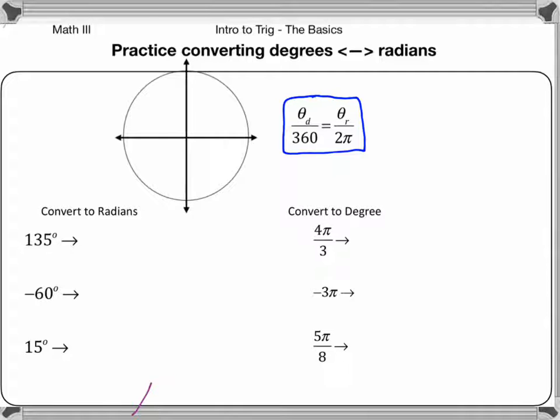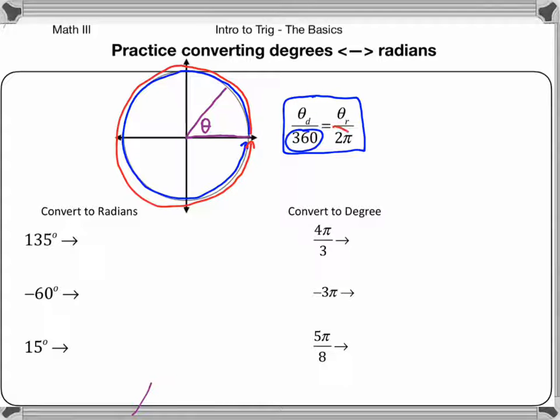Say you have some angle, and I'm just going to say some angle right here, theta. So we're looking at proportions here. That angle in regards to 360 degrees, which is the number of degrees in a circle, is going to be the same ratio in radians as 2 pi is to 1 turn around the entire circle, as we learned in the last video.